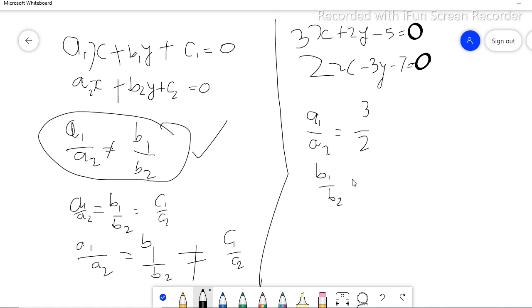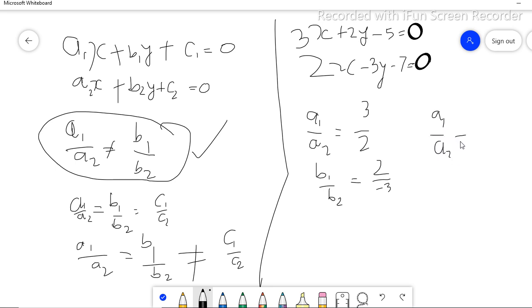B1 को भ्यालु छ 2, B2 को भ्यालु छ -3, so 2 by -3. So these are not equal, दुईटा equal भएन.